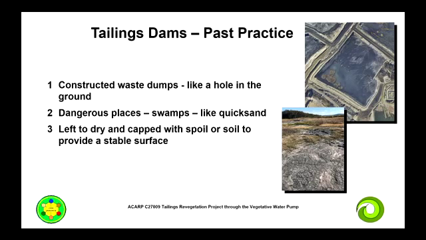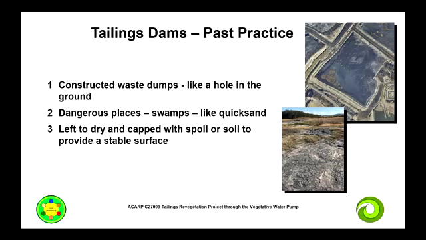So, tailings dams. I'm going to be talking about coal tailings dams, not metalliferous tailings dams. Tailings dams are basically constructed areas where washery reject from washing coal, in this case, gets deposited and stored long-term for eventual disposal.